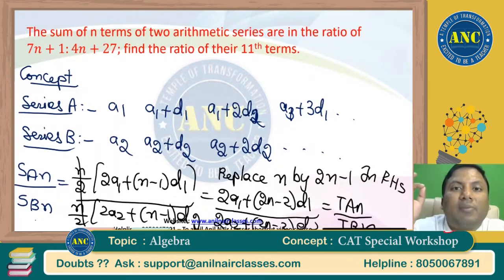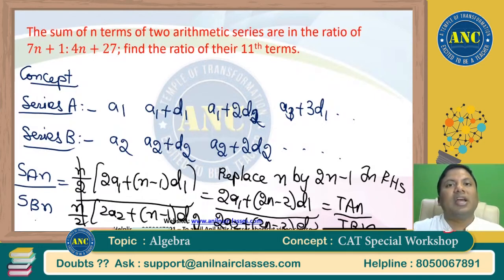Sum of n terms ratio becomes the nth term ratio if I replace n by 2n minus 1 in the right hand side. Please make a note of it in your notebook.